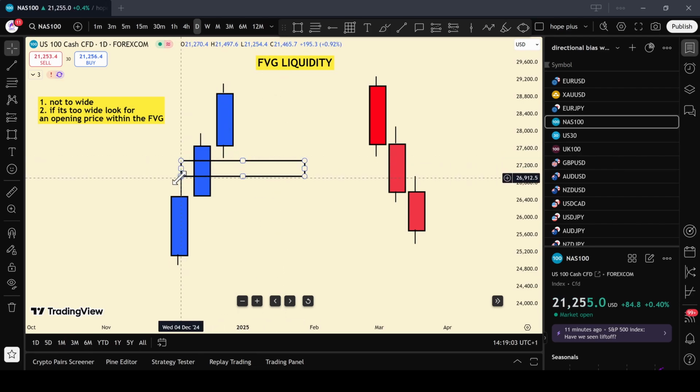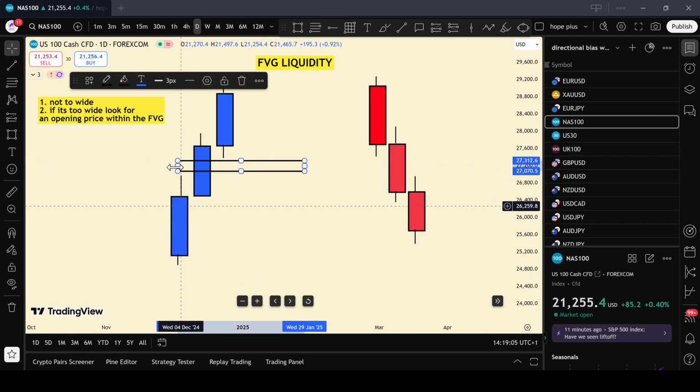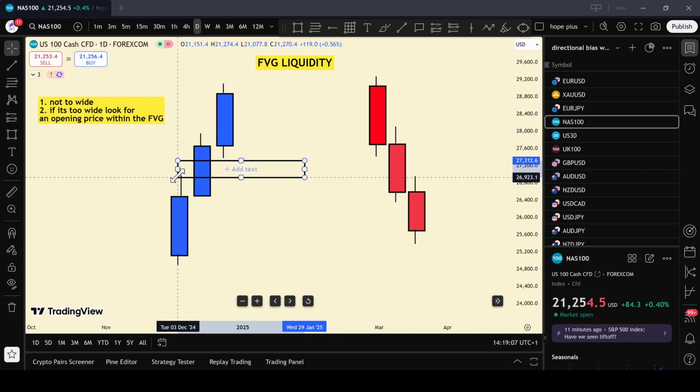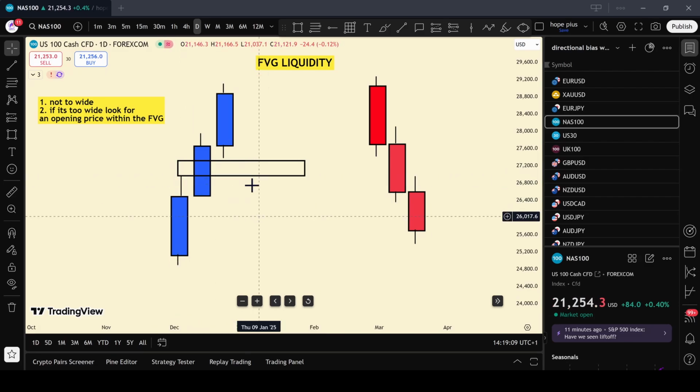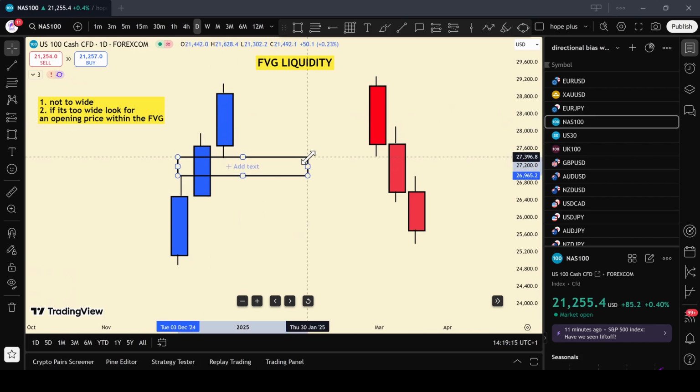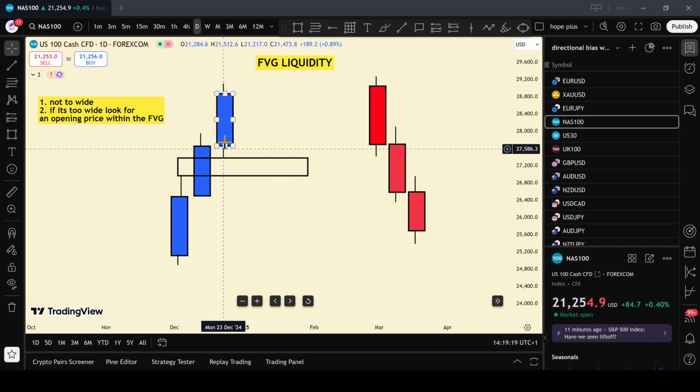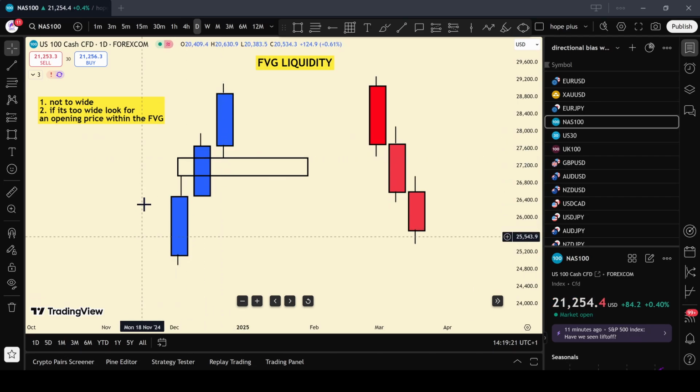You look at the wick of the first candle and mark the top of that wick. The second candle, you do nothing about it, but the third candle is what we're looking at here. You mark it. So the distance between the third candle lower wick and the first candle upper wick is the fair value gap.